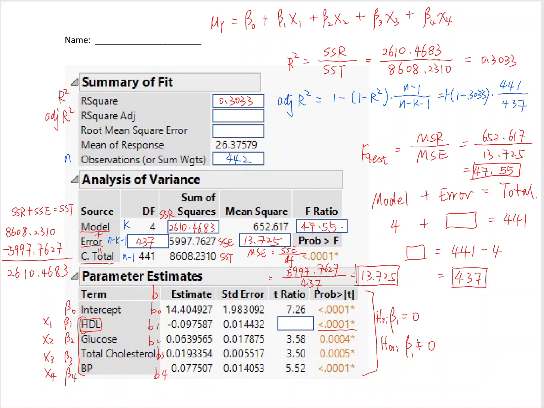Right, so if you calculate this, it will equal 0.2969. All right, so this is adjusted R squared, which is 0.2969.